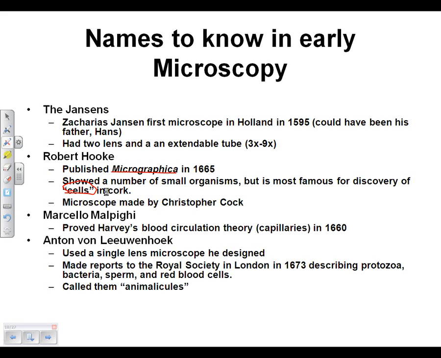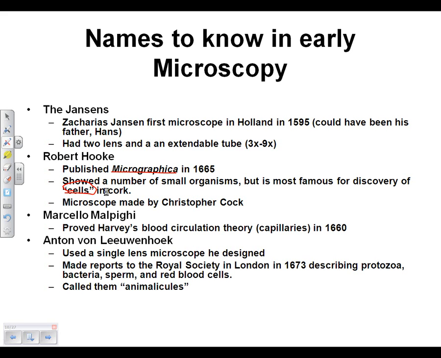Another famous microscopist in history essentially was Marcello Malpighi. And what was really cool about this is that for quite a long time, a man named Harvey had proposed that blood in your body actually went around in a circle.